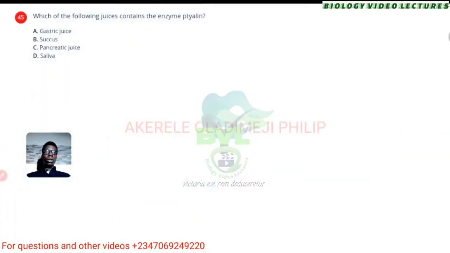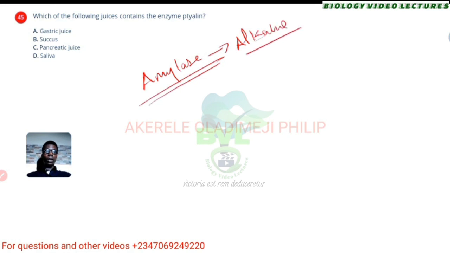Which of the following juices contains the enzyme ptyalin? Ptyalin belongs to a type of enzyme called amylase, which means an enzyme that digests carbohydrates, and amylases prefer to stay in an alkaline medium. So the answer to this question is saliva.